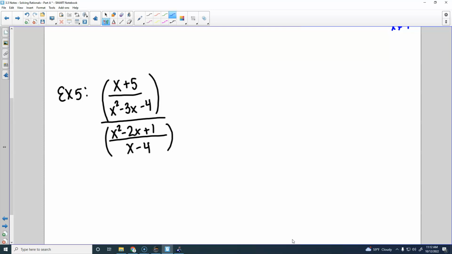Alright, so, now, these look scary, but dividing fractions is easy as pie. Flip the second and multiply. So, this is just going to be x plus 5 over x squared minus 3x minus 4 times x minus 4 over x squared minus 2x plus 1.